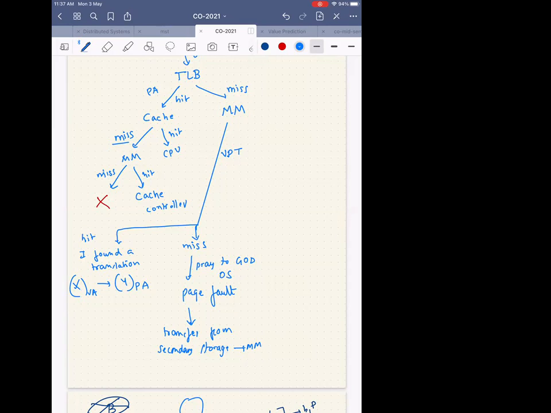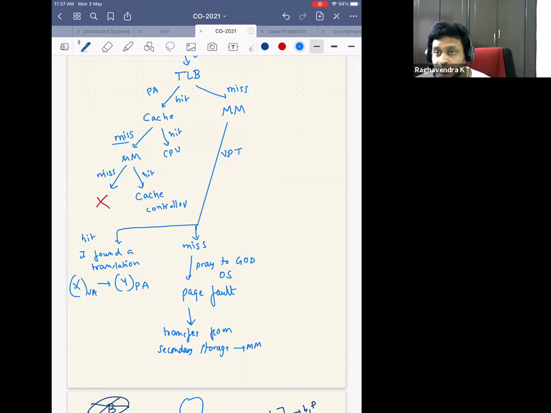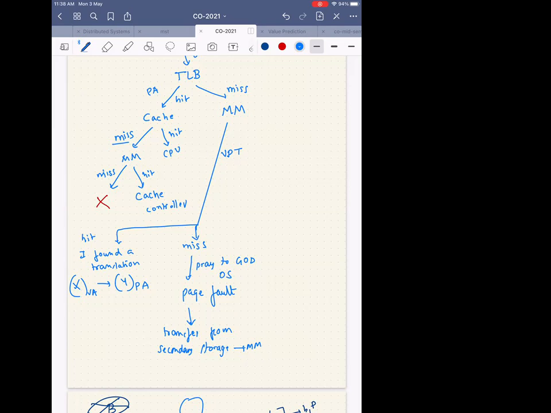When you say maybe the TLB will be updated, you update the TLB and the corresponding cache also, right? If you had some cache blocks from a page that was just kicked out, you should remove them from the cache, right? If you remove some entry from the TLB, you don't have to remove it from the cache. Suppose we replaced a page.